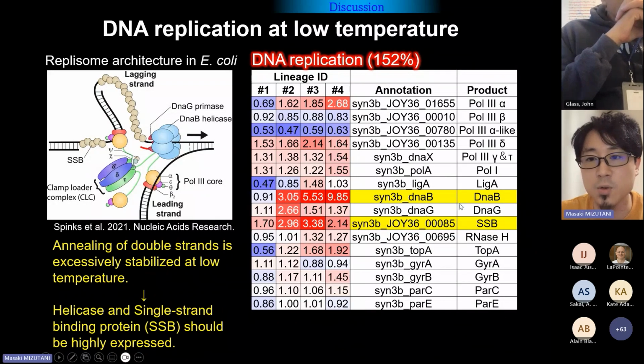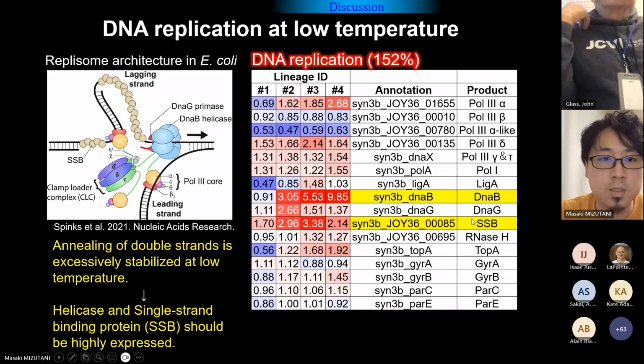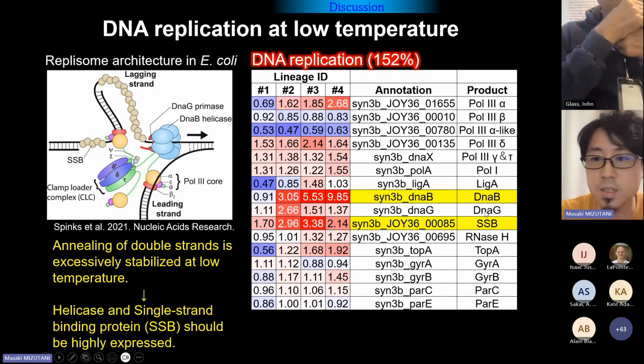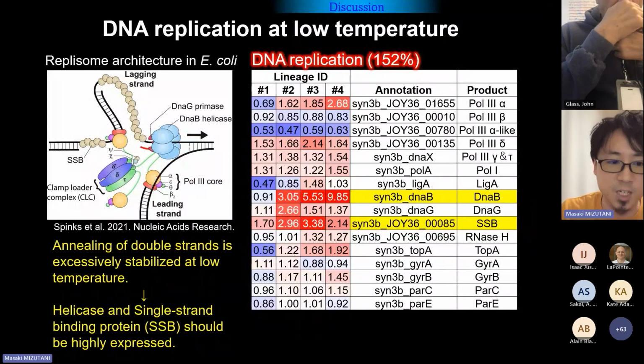They have a higher expression level of DNA helicase B and also single-strand binding proteins. By expressing more of these proteins, Syn3B clears this strong annealing, and it's helpful for effective DNA replication. This is very important for low temperature adaptation.